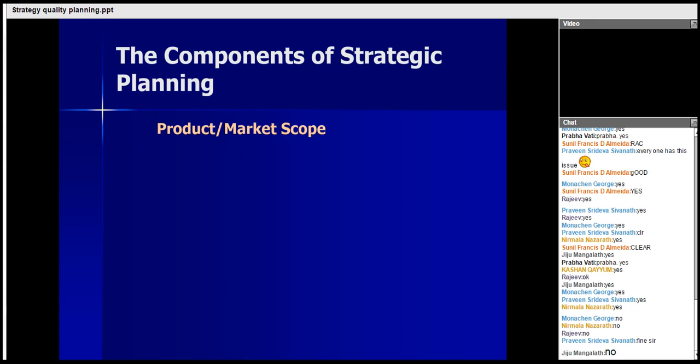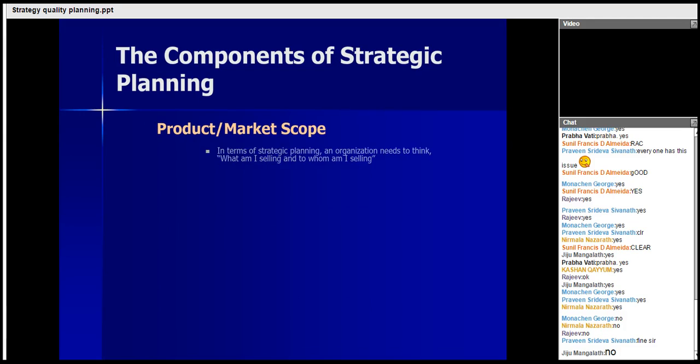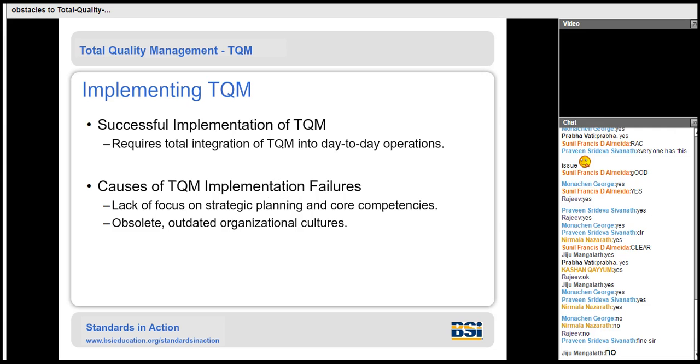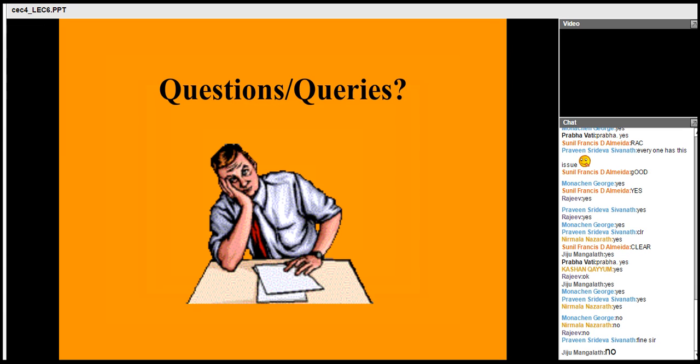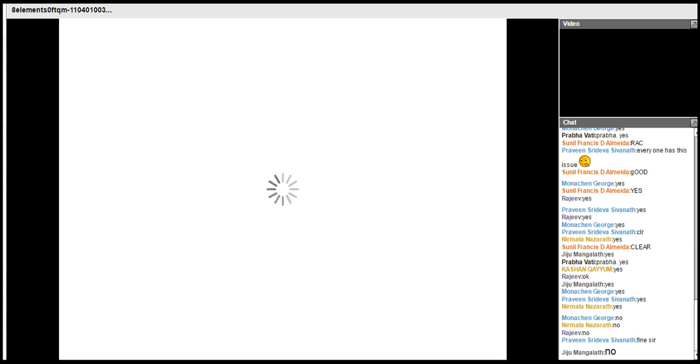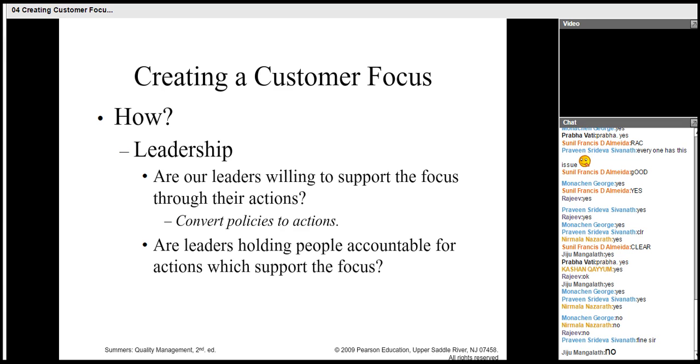If the slides are the same as the earlier slides, then these are all the same things which we have already seen. Nothing is new to these slides. We have seen this slide also.